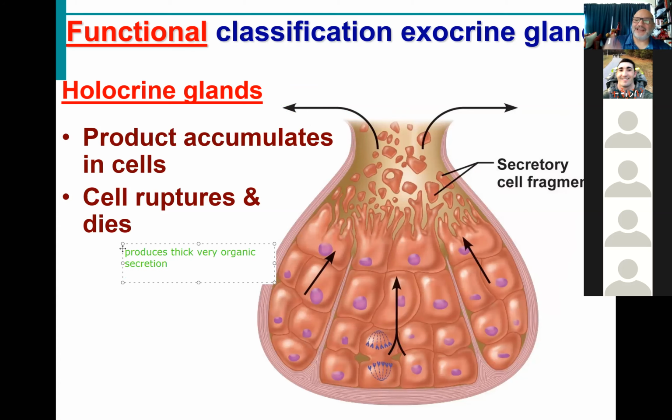Right? And the classic example of this are what we commonly refer to as our oil glands of the skin. But as we'll learn, the correct name for those are sebaceous glands that produce not oil, but actually a substance called sebum.